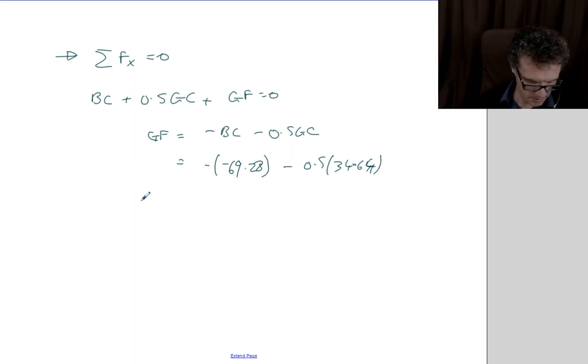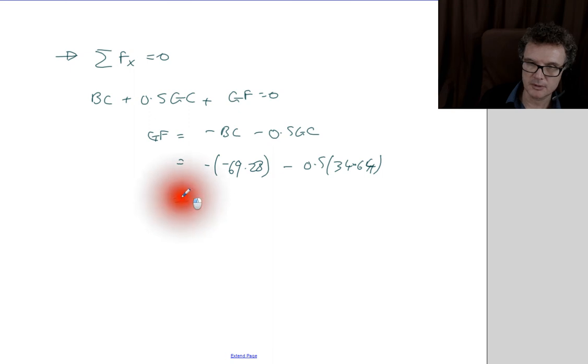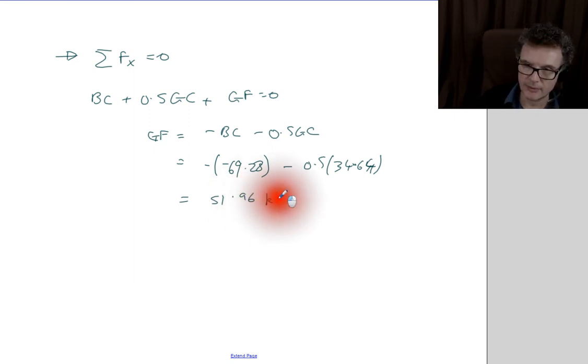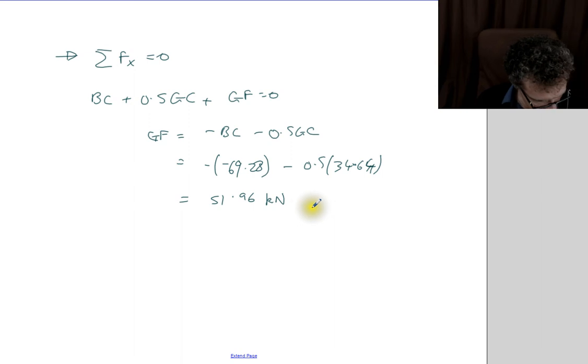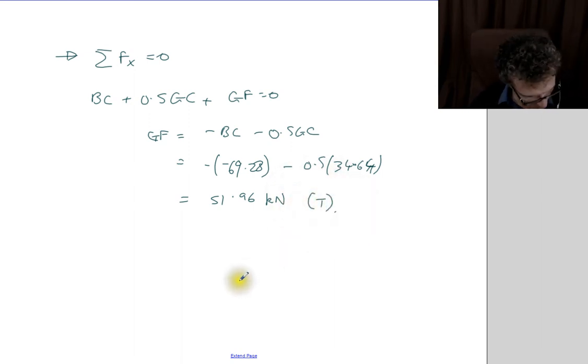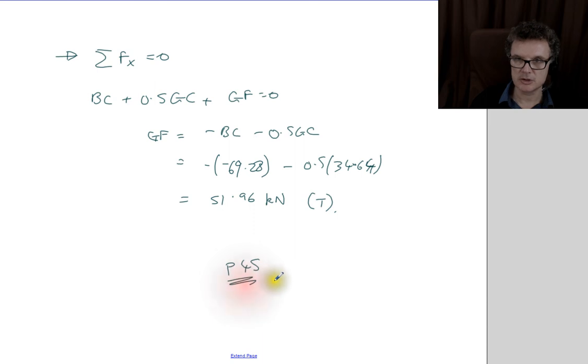So it's 51.96 kilonewtons. And in this case it's going to be in tension. Okay, so that's that done, so that's page 45 finished.